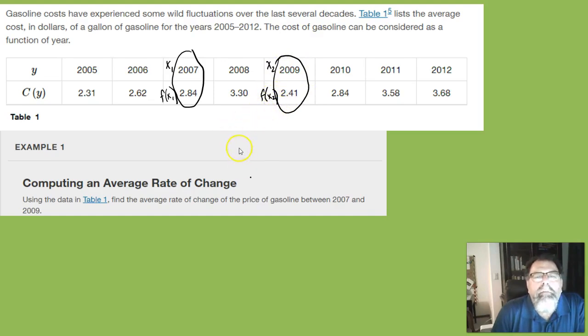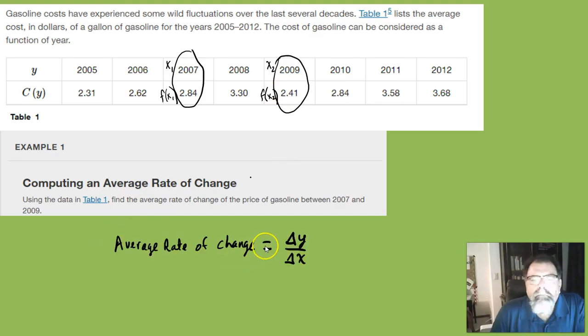So my slope, the average rate of change, is equal to delta y over delta x, which is f of x sub 2 minus f of x sub 1.